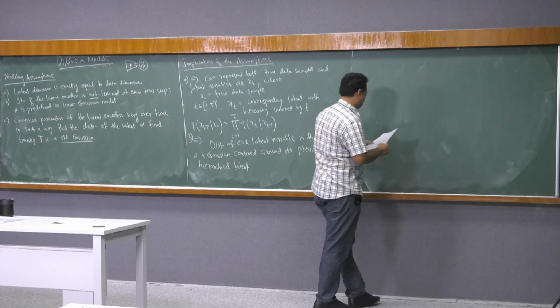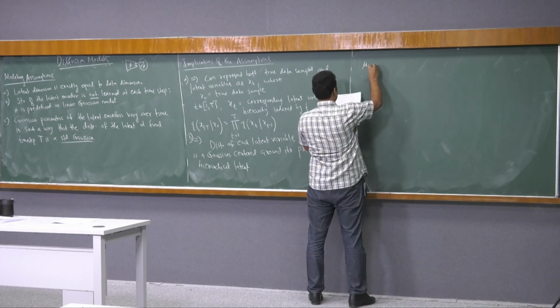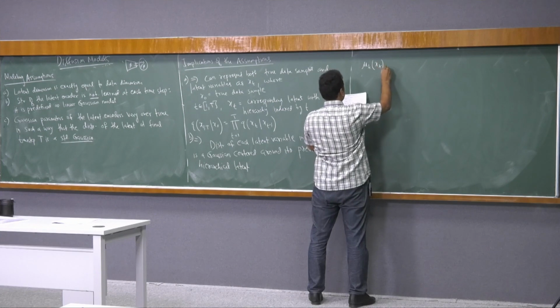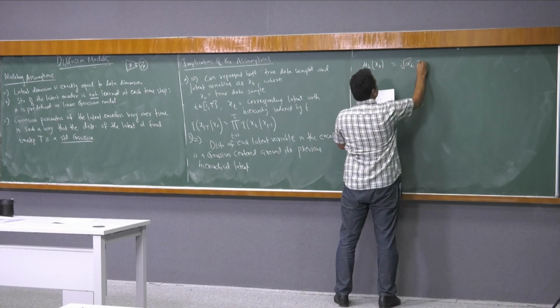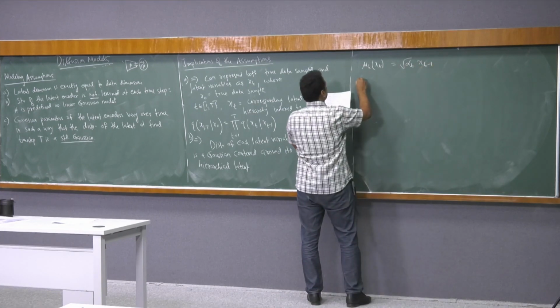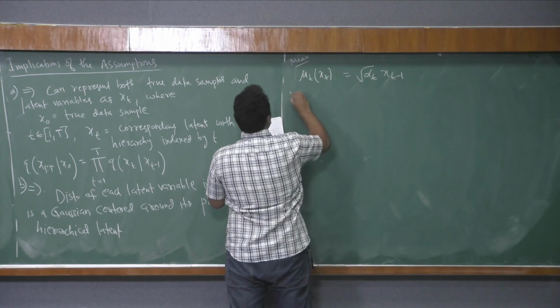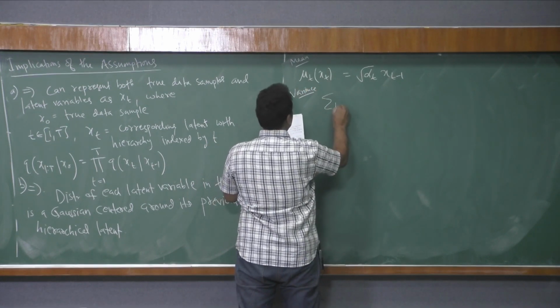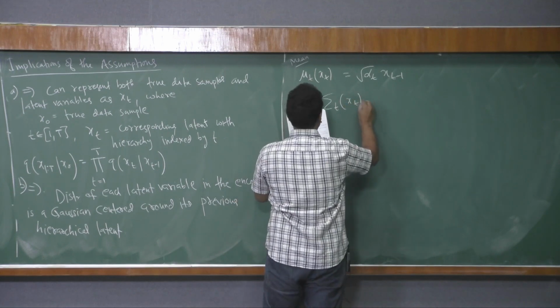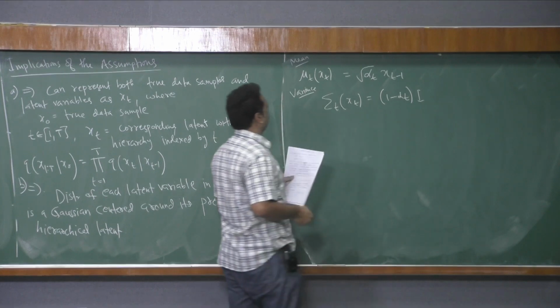So mu t for xt is defined to be square root of alpha t times xt minus 1, and this is our mean, and the variance sigma t for xt is defined to be 1 minus alpha t times identity.